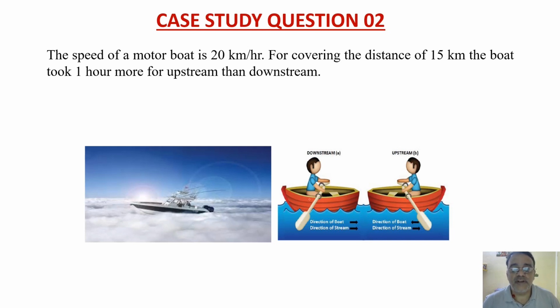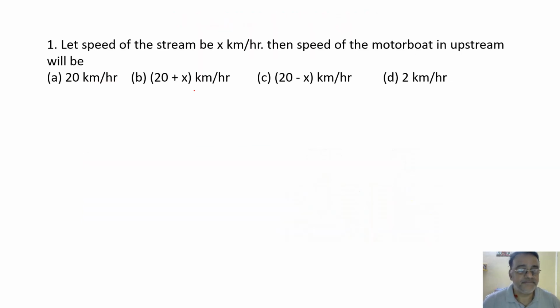The speed of a motorboat is 20 km per hour. For covering the distance of 15 km, the boat took 1 hour more for upstream than downstream. So this is the first question. Let the speed of the stream be x km per hour, and the speed of the motorboat in the upstream will be dash.